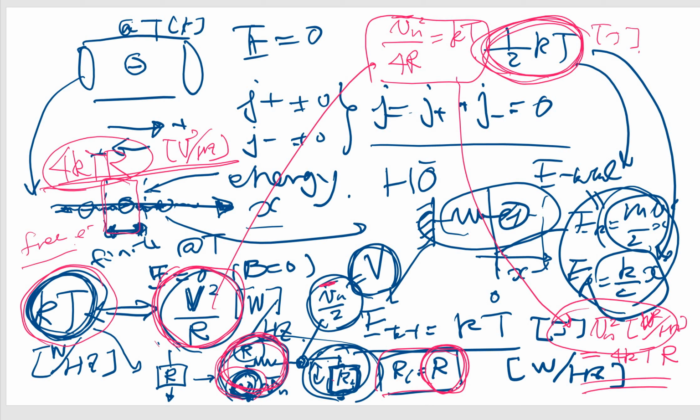And finite range one-dimensional oscillation distributes this half kT in two ways. So kT is the total energy of the electron noise. This maximum transfer is achieved by the external resistor, the same R, which is V squared over R, and V equals half Vn. So Vn squared divided by 4R equals kT, which means Vn squared equals 4kTR.